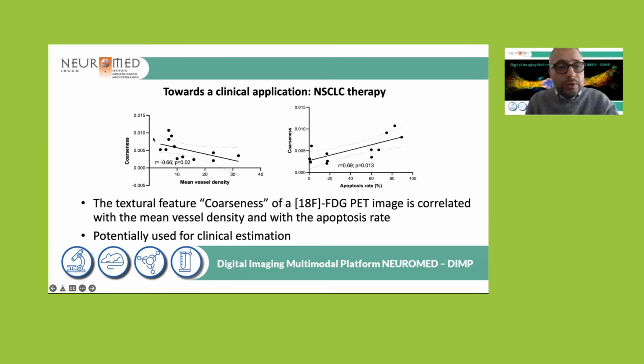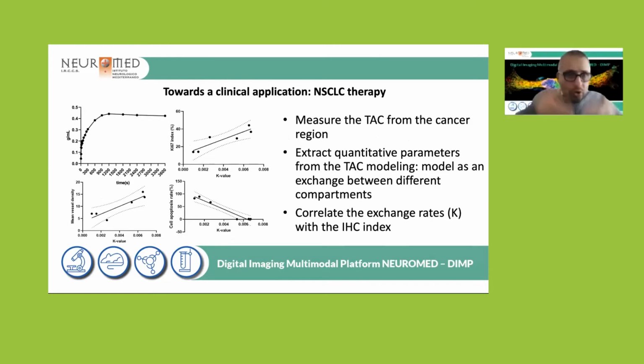The coarseness is also correlated with apoptosis. So it means that you can extract quantitative parameters from the PET image which can potentially be used for clinical estimation. You can go even more into detail and use the full power of dynamic PET imaging.